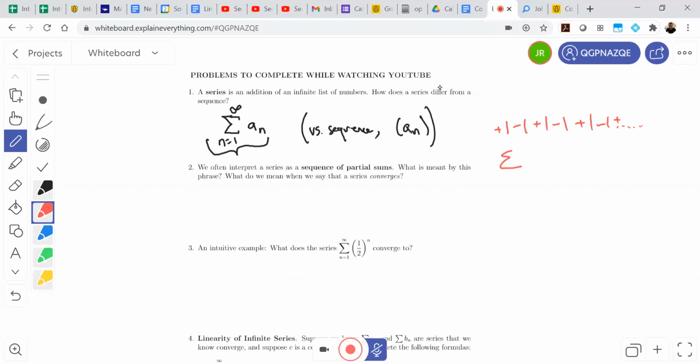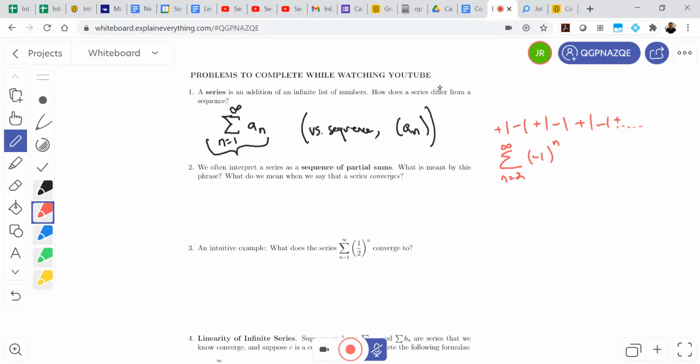This was our series, the sum as n goes from 2 to infinity, let's start at a nice even number, and our a sub n were of the form (-1) to the n.